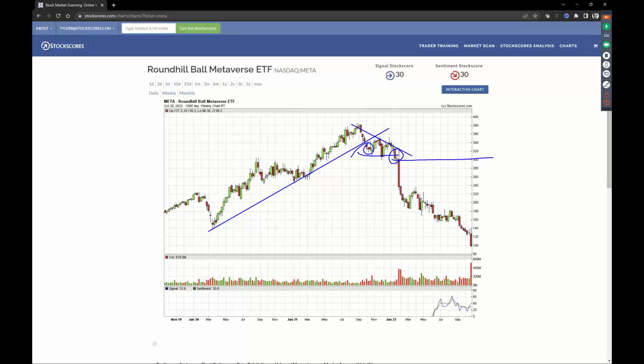The first sell signal was at 340, second sell signal at 300, and it's never had rising bottoms. Now it's $100. It's a bargain, right? I wouldn't touch it until it can start to build rising bottoms and get an improving chart. Don't touch this stuff. All right, I'm just going to see if there's any other more general questions.